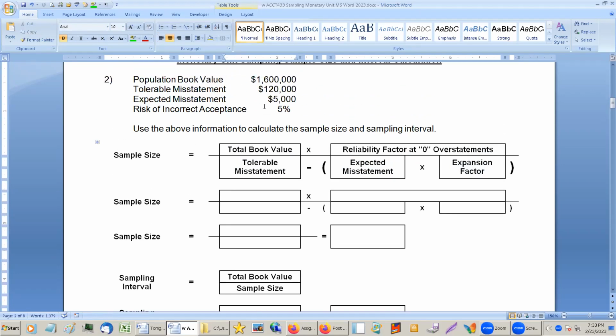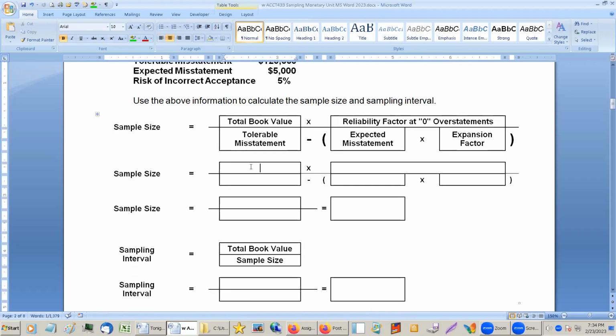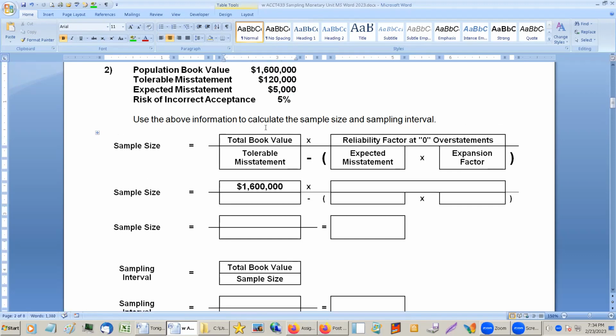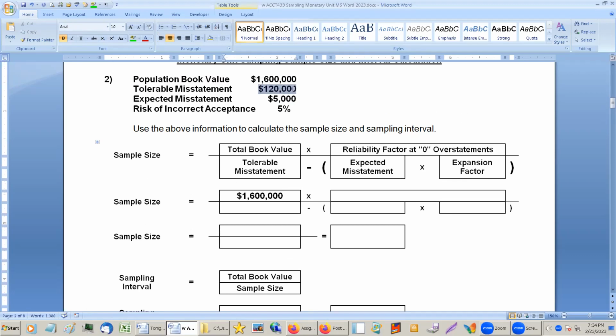Let's put in the stuff we know. The book value. I'm going to bold these. 1,600,000. Tolerable misstatement. So this is the misstatement that we will allow for whatever this account is.